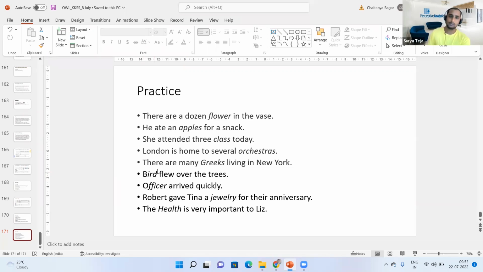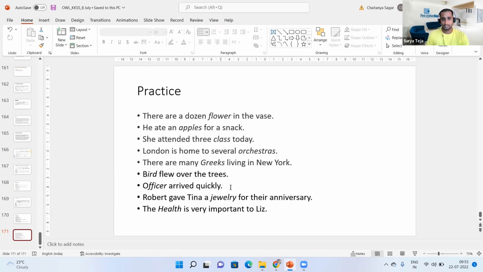In case it has a vowel sound, then we use "an". Here "a" is appropriate, so we put "a bird flew over the trees". In case you are talking specifically about the birds, which is a plural countable noun, then "the" will come, but here "a" comes, so it becomes appropriate.